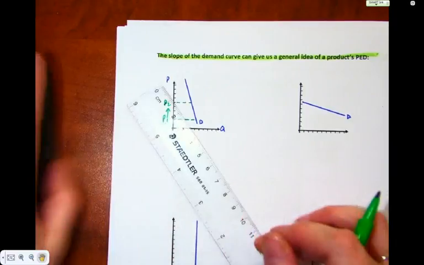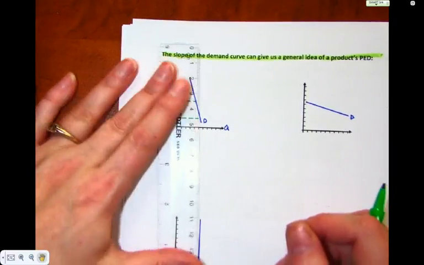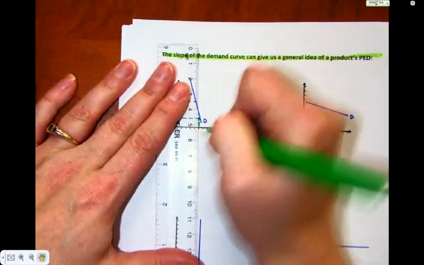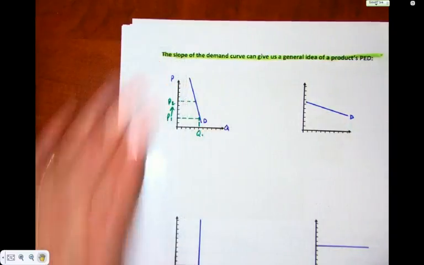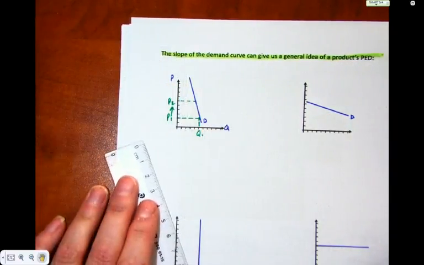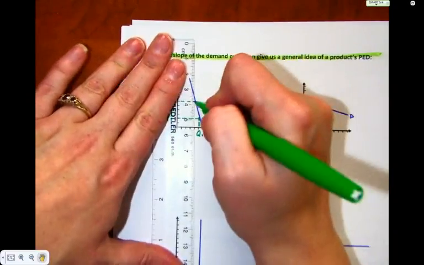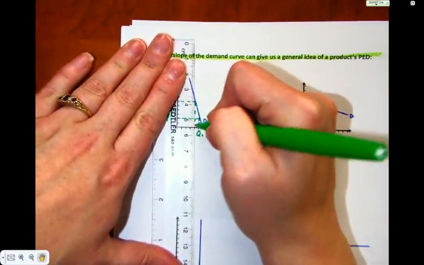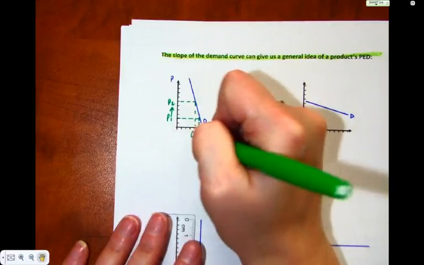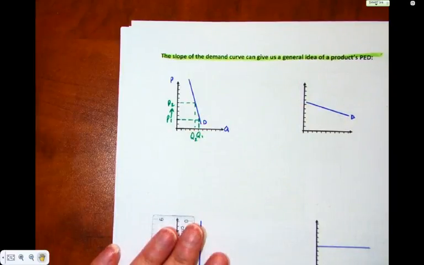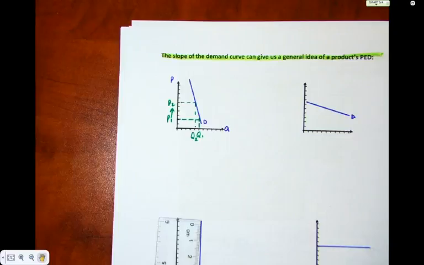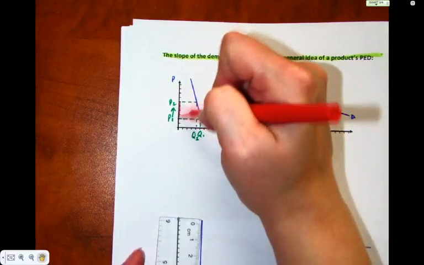And what I'm going to do is just mark the quantity where those intersect. So where P1 hits the line, we're going to get Q1. And where P2 hits the line, we're going to get Q2. And so this was a fairly large change in the price.